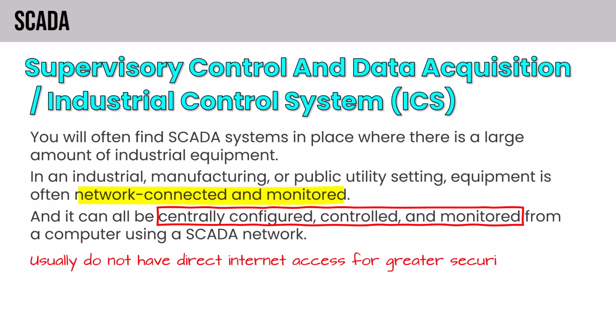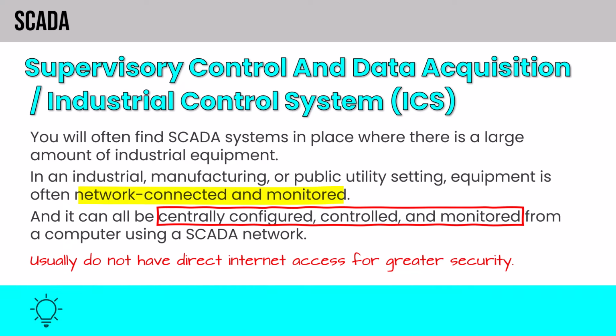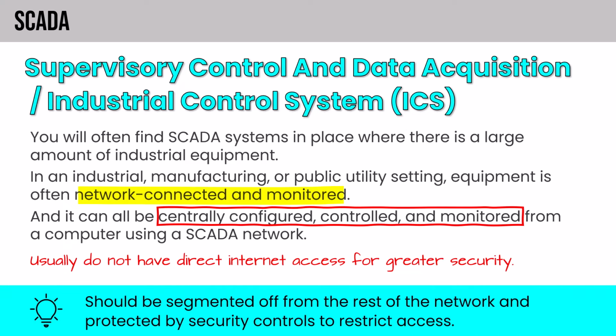They usually do not have direct internet access for greater security. And because of their critical function, they should be segmented off from the rest of the network and protected by security controls to restrict access. You don't want the systems managing your water supply and your power grid connected to the internet.